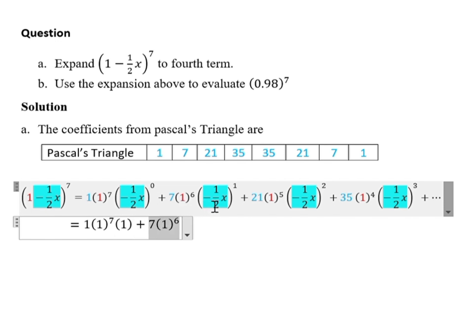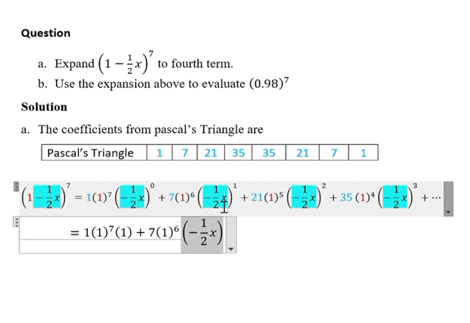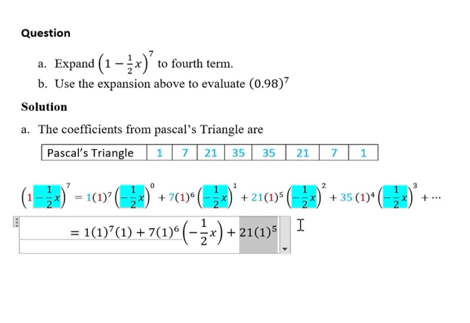Then negative half x raised to power 1 is the same as negative half x, plus 21 into 1 raised to power 5. Then negative half x squared means you take negative half, square it, and then take x, square it also. Negative half squared gives us a quarter, and x squared gives us x squared. So this will be a quarter x squared.